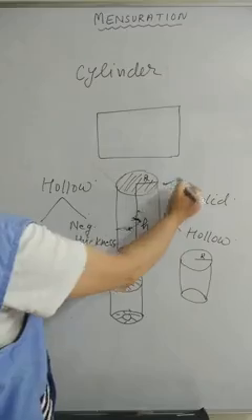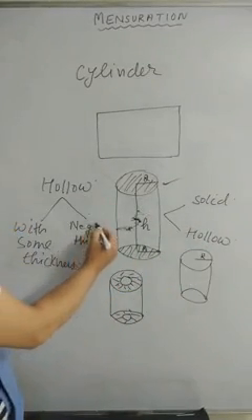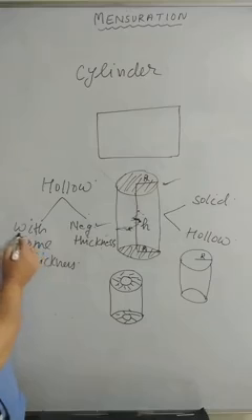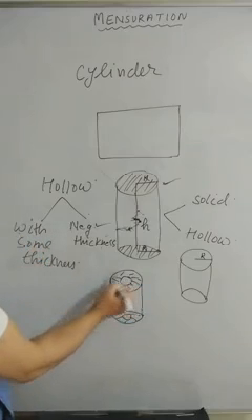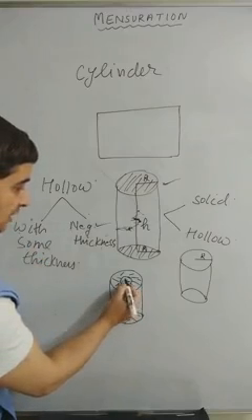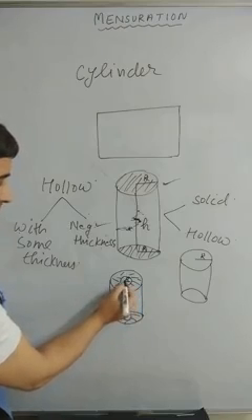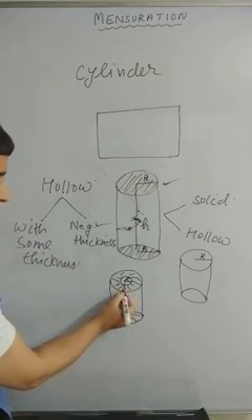First the solid cylinder, then hollow cylinders, and among the hollow cylinders, first those with some thickness. If there is a cylinder with some thickness, it will have two radii. First is called internal, and this is called external. From here till here is one radius, and from here till here the length will be different.